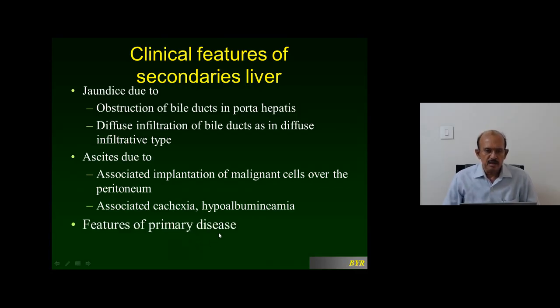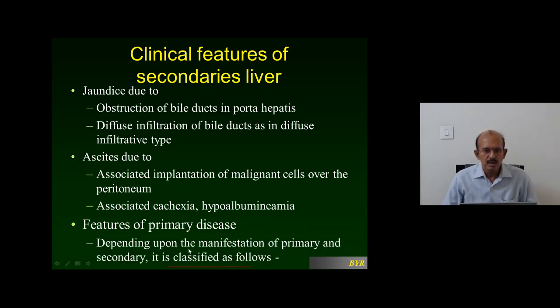And in secondary liver, there may be associated features of the primary disease, that means carcinoma stomach, carcinoma colon. They have their presentation features. Depending upon the manifestation of the primary and secondary, it is classified as follows.